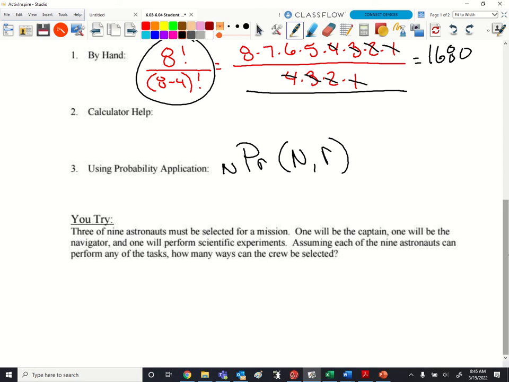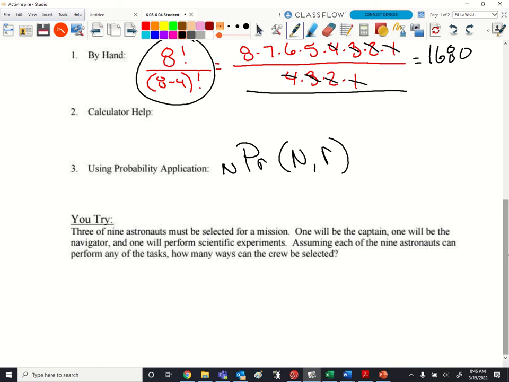So, if I choose this guy right here to be El Capitan, is he going to do those other jobs? For this, he's not going to do those other jobs. So, job placement here, order does matter.